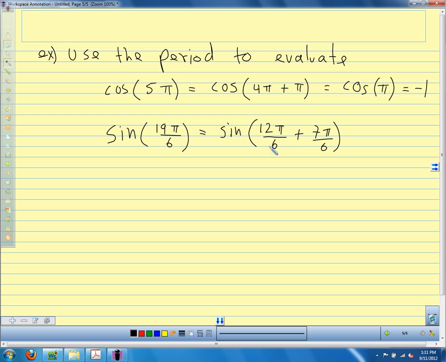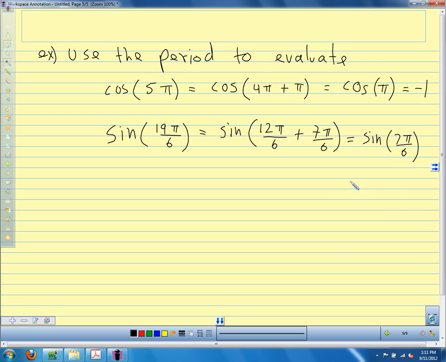So I want to split this into two angles where one is a multiple of 2 pi. Think of the easiest multiple of 2 pi you can, and if that's too small, you can make it a little bigger. 12 pi over 6 is just 2 pi, so that just means we've gone around the circle once. So this is the same as the sine of 7 pi over 6.